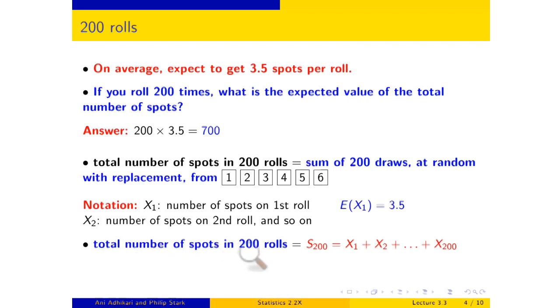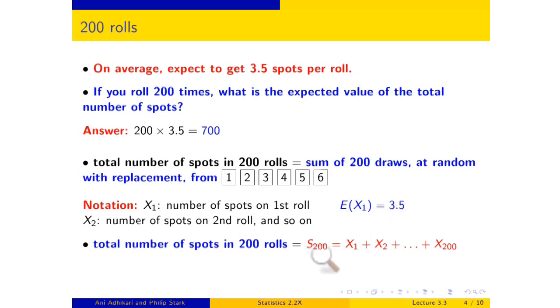So the total number of spots in your 200 rolls is S for sum, indexed by how many you're adding, S200. That's the number of spots on the first roll, plus the number of spots on the second, etc., plus all the way up through the number of spots on the 200th roll. And each of these is one roll of a die, and so each of these has expected value 3.5.